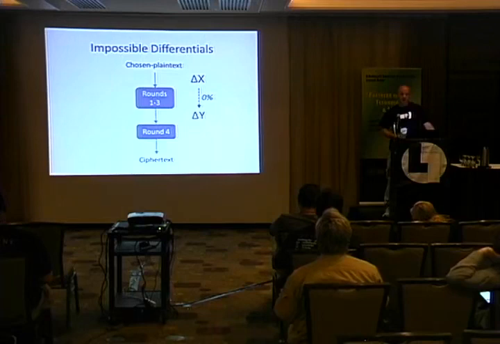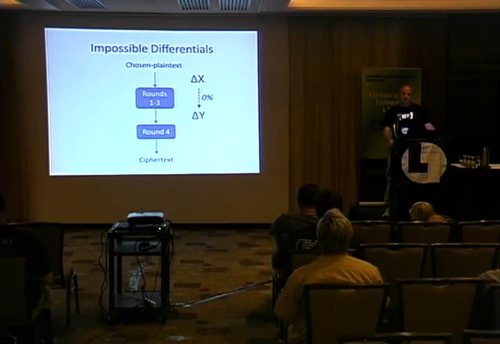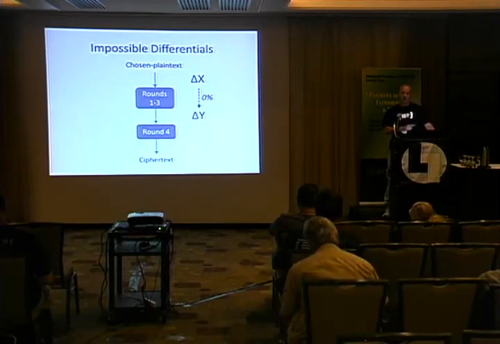Sometimes you can get characteristics where this differential change will never happen. There's a 0% chance. You can use that the same way we did before. You partially decrypt through the last round while guessing the subkey, and if you get that differential that's supposed to never happen, then you know that that key is no good, and you can throw it away, and you can narrow it down like that.